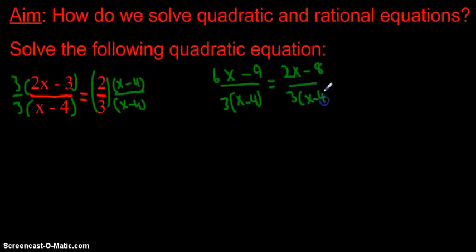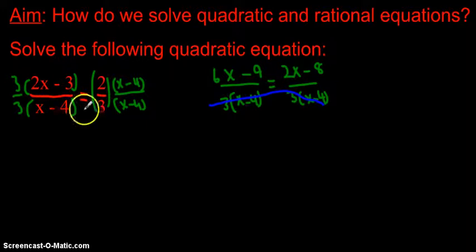Now I could have distributed these out, but we're back where we were in the previous video when we have a fractional equation. If all of our denominators are the same, we can simply cancel them out. But we do need to notice that 4 is actually an excluded value in this equation, so let's keep that in mind when we continue to solve it.